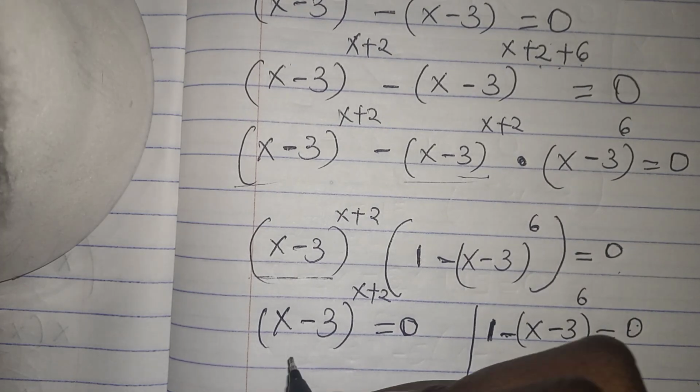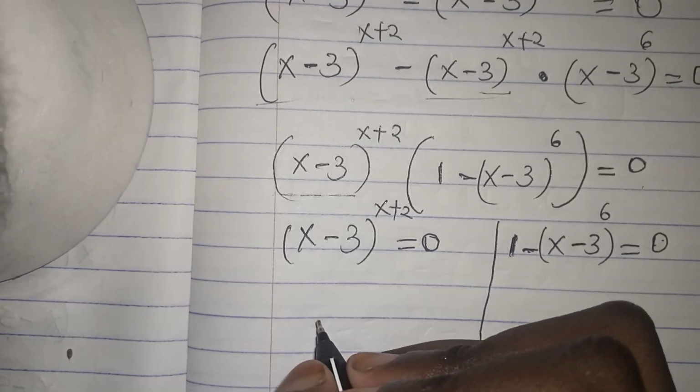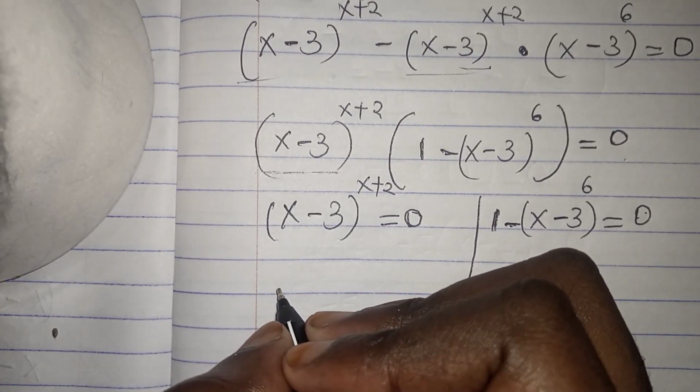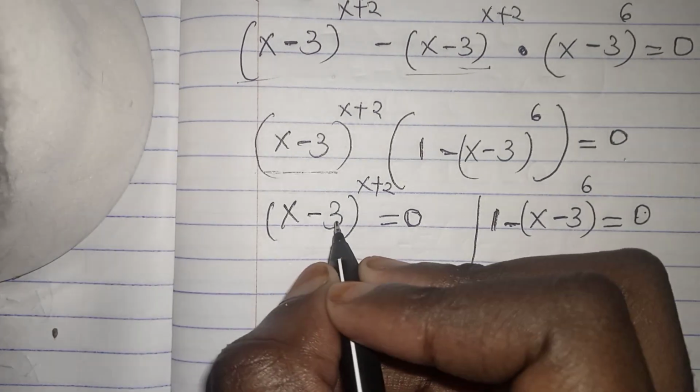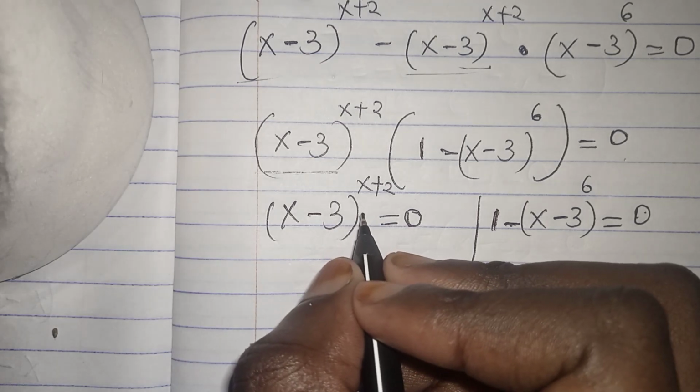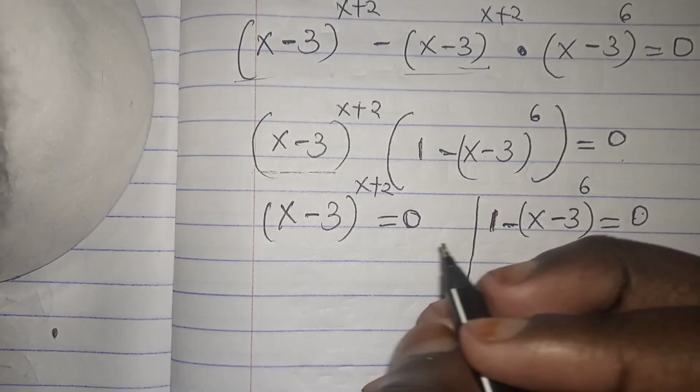So I'll begin by this side where we'll have (x - 3)^(x + 2) = 0.